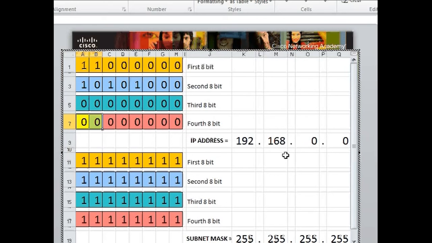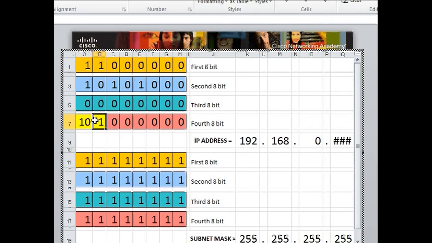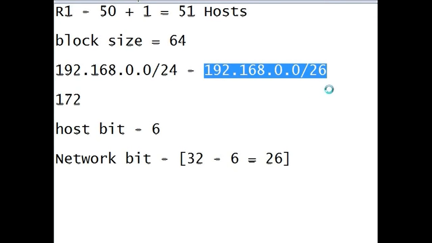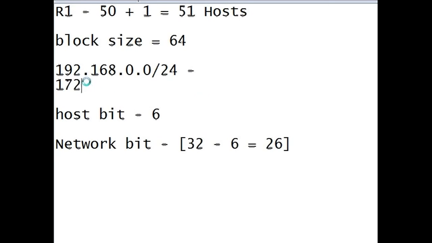That is 192.168.0.0, the next possible combination is 0.1, that is 64, then 1.0, that is 128, and 1.1, that is 192. So how many subnetworks can I create?